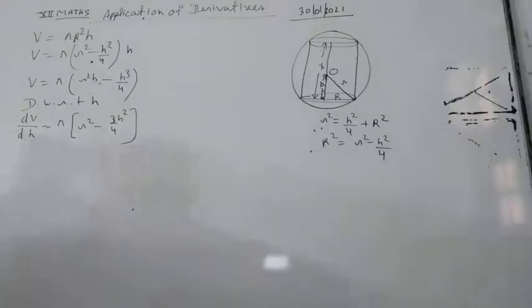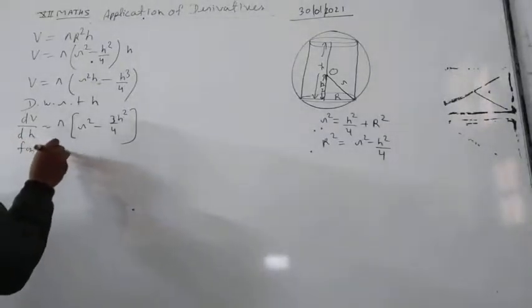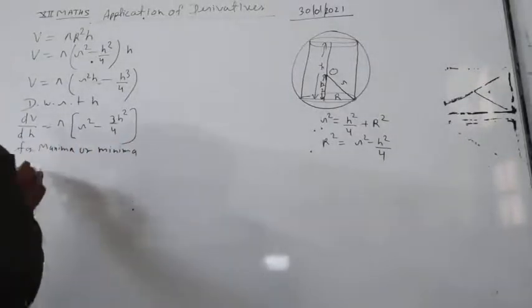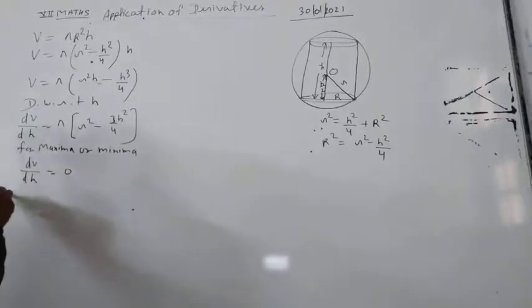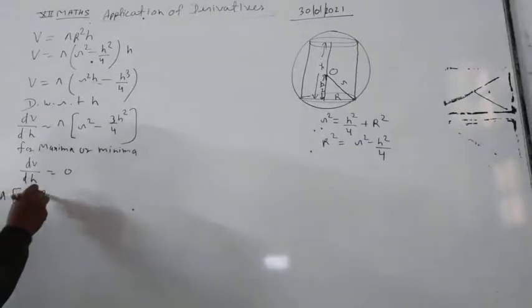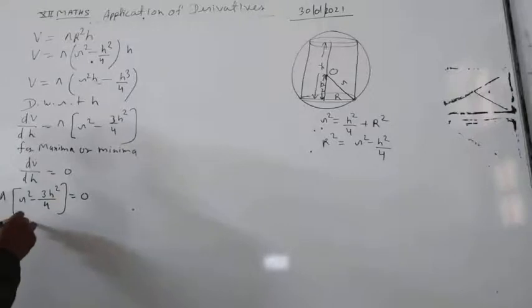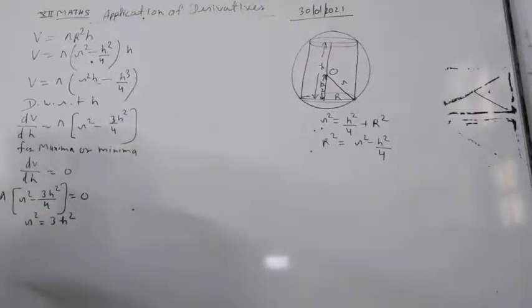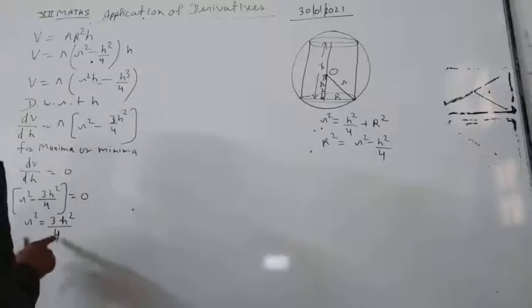Okay, students, so for maxima or minima we write dV by dh is equal to 0, so we write pi times r square minus 3h square by 4, which is equal to 0. So r square is 3h square by 4, students.